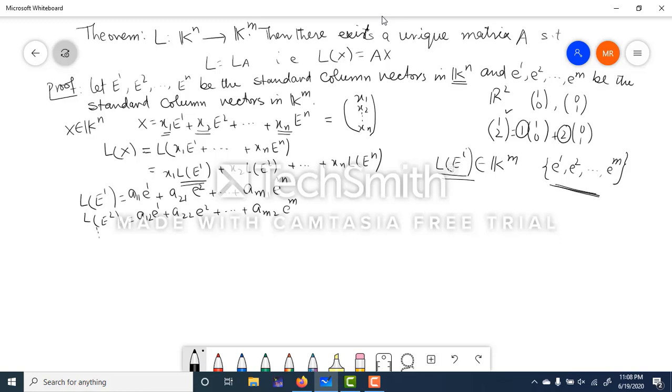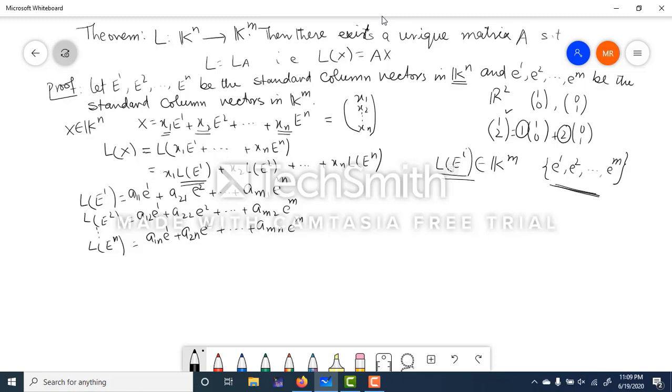And the last vector can be written as a1n e1 plus a2n e2 plus and so on amn em.